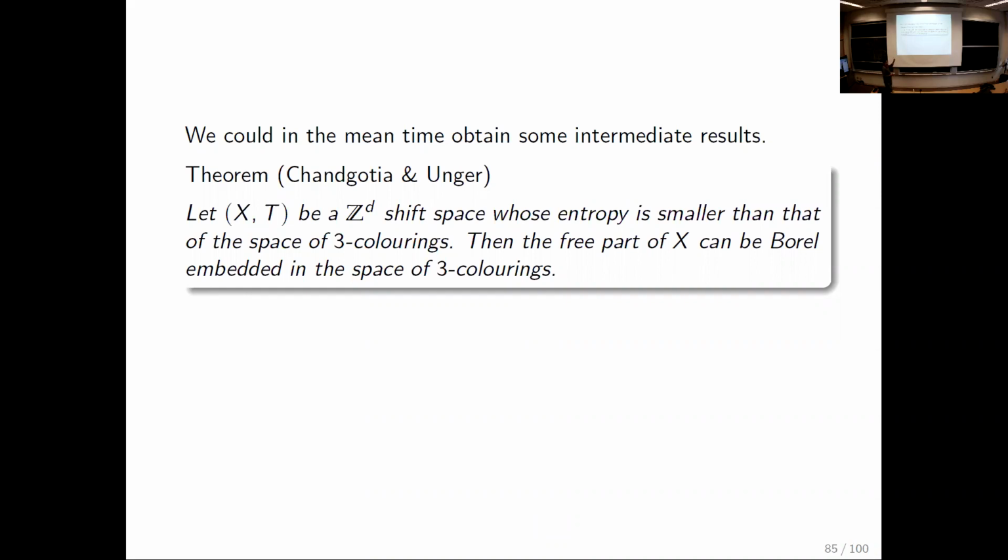So from here, to prove that the space of three colorings is universal, all you need is lots of examples of universal shift spaces, and that will be enough. There are candidates and their claims. So the claims are this might be.